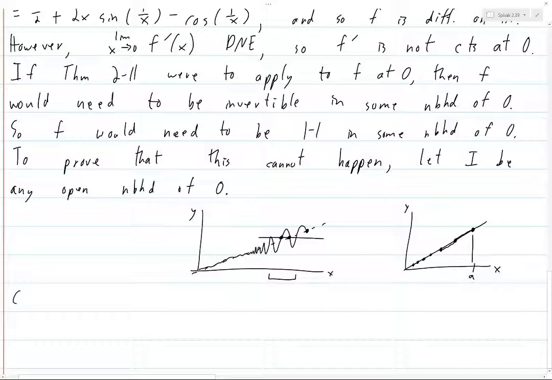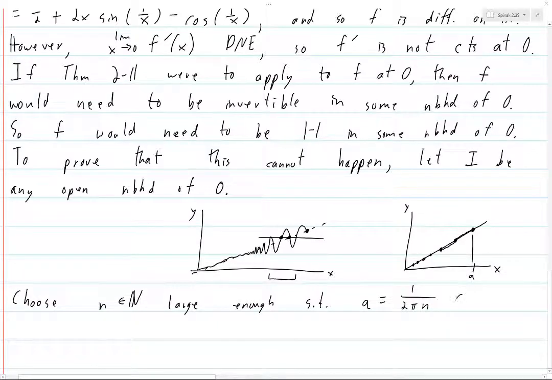So what we're going to do is choose a natural number n large enough such that the number A, which we will define to be 1 over 2 pi n, is an element of I. And this is possible because if you take the limit as n goes to infinity, then A will go to 0.